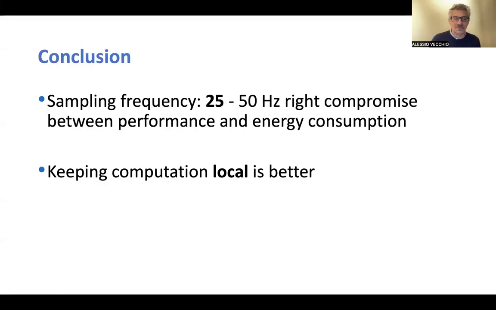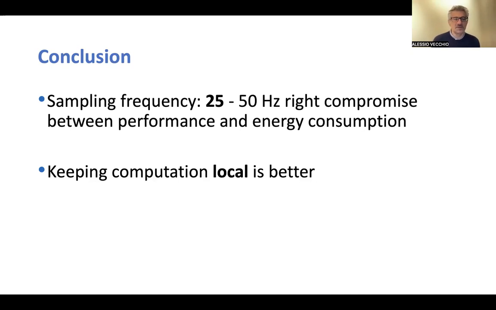So to conclude, sampling frequency in the 25-50 Hertz range seems to be the right compromise between performance and energy consumption. In particular, I would say that probably the best frequency is 25 for the considered application, because the accuracy in terms of authentication accuracy remains more or less the same, and the energy required is much smaller.